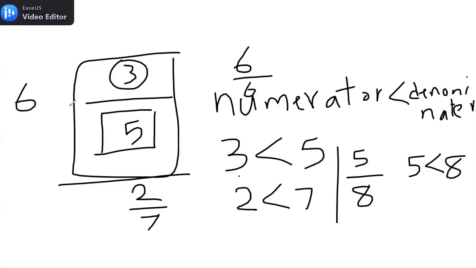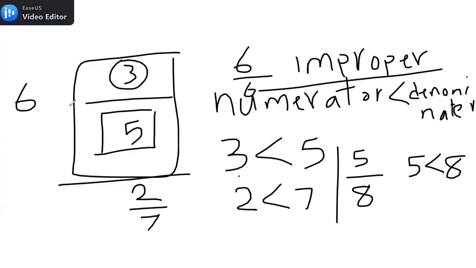What do we call it? Yes, 1. It's not a proper fraction. In terms of fractions, we call it an improper fraction, because the numerator is equal to the denominator.